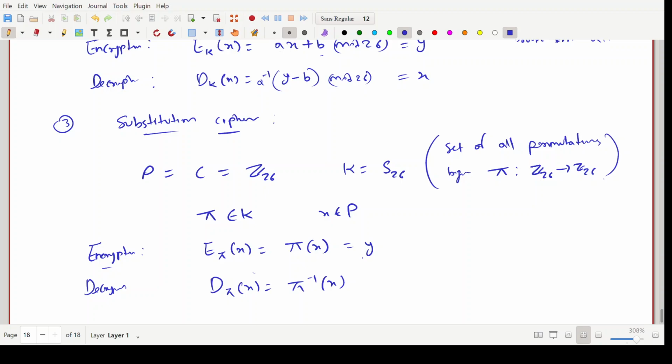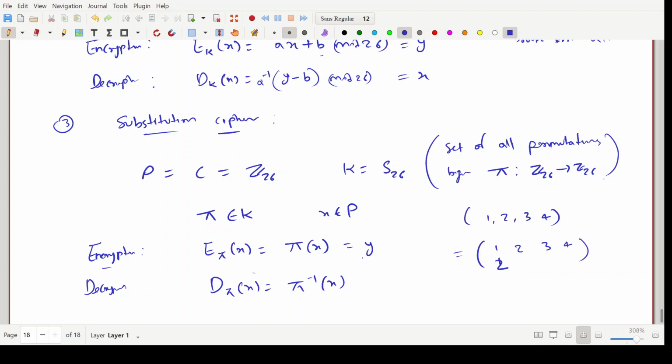So in short, what is happening here, let me just tell you. See, this key, this pi, suppose pi is having 1 2 3 4. That means what, 1 goes to 2. I'll write 1 2 3 4, and the other row is fixed.